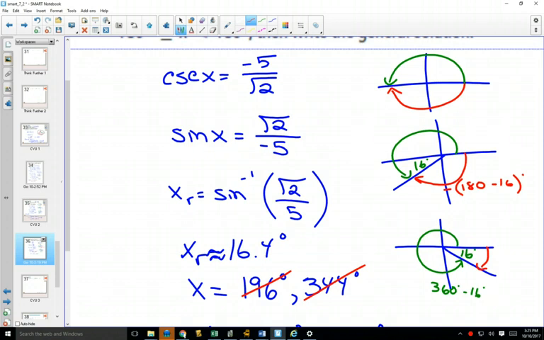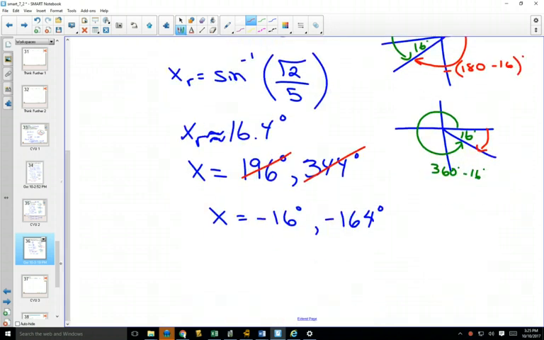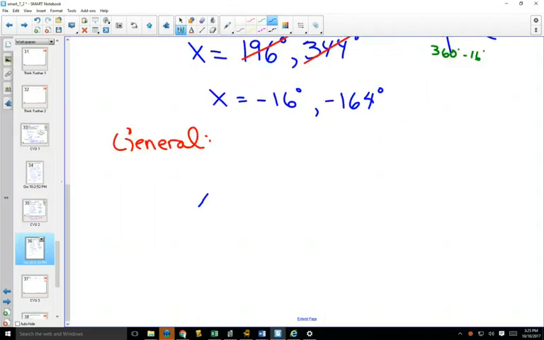Now in part B, we're asked to do the general solution. So our general solution is we take our answers from 0 to 360. I have two answers from 0 to 360.